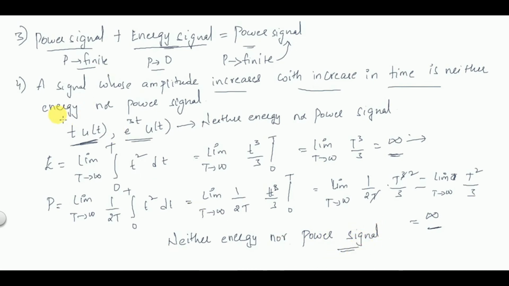Okay, so that is why I have told you in simple terms, doing all this in the exam doesn't make sense. In the competitive exams, if you are solving all this, it will consume your time. So don't do all this, just remember this point: a signal whose amplitude increases with increase in time.